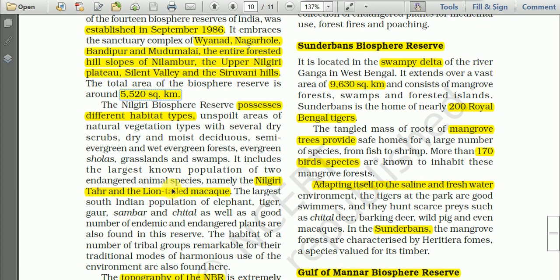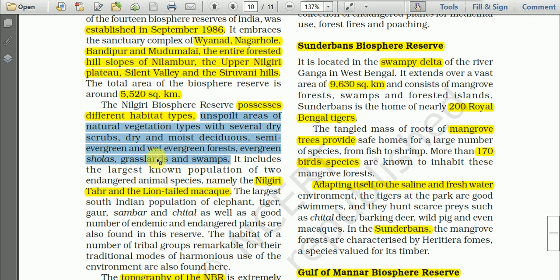The Nilgiri Biosphere Reserve possesses different habitat types, unspoiled areas of natural vegetation, with several dry scrubs, dry and moist deciduous, semi-evergreen, wet evergreen forests, evergreen sholas, grasslands, and the swamps. So here we find diversity in the natural vegetation.